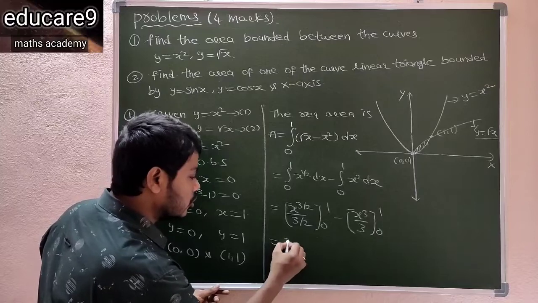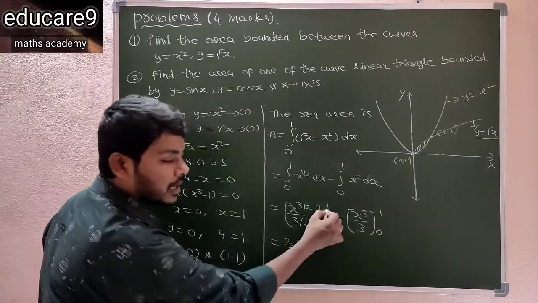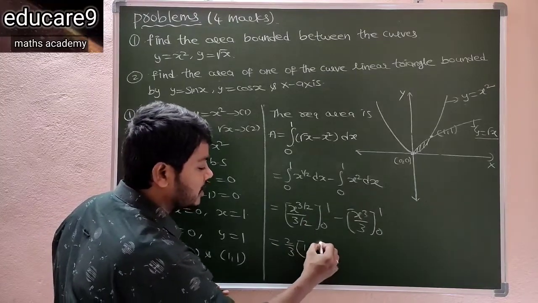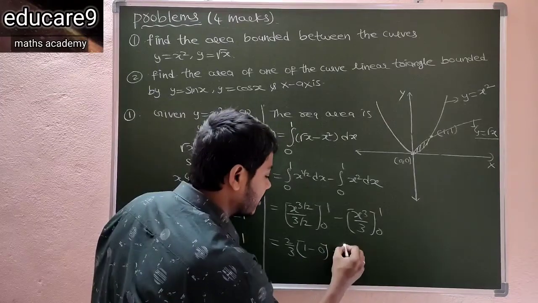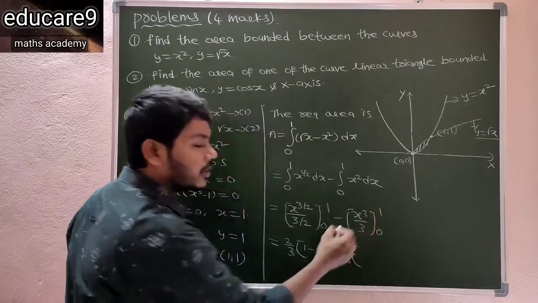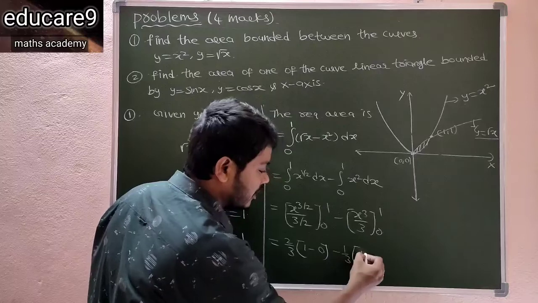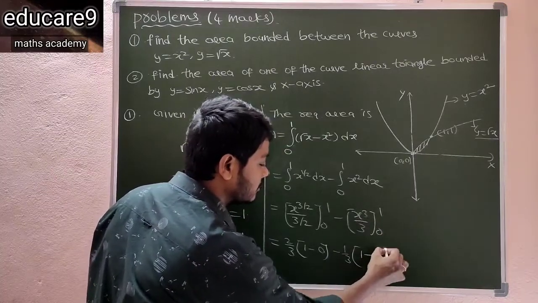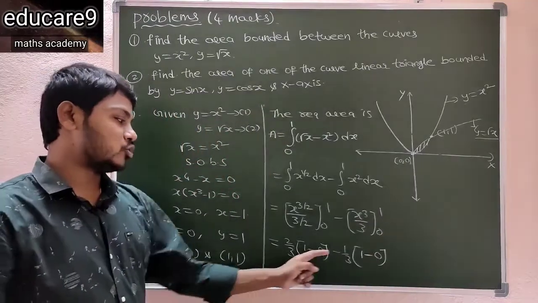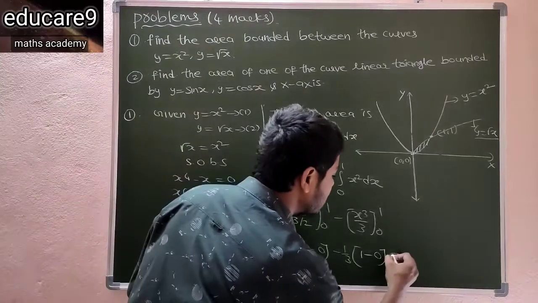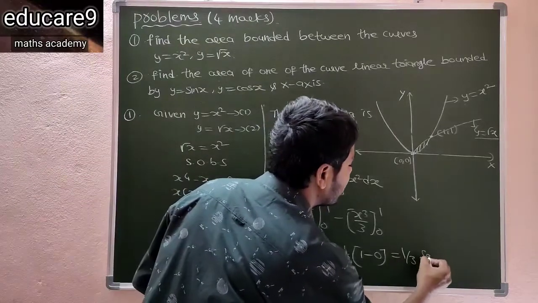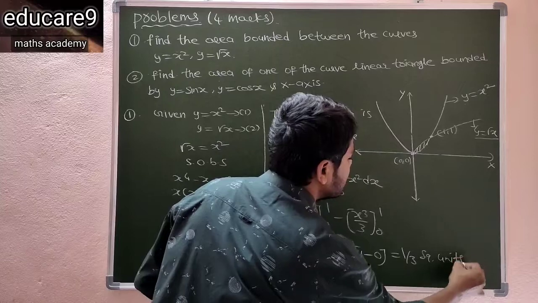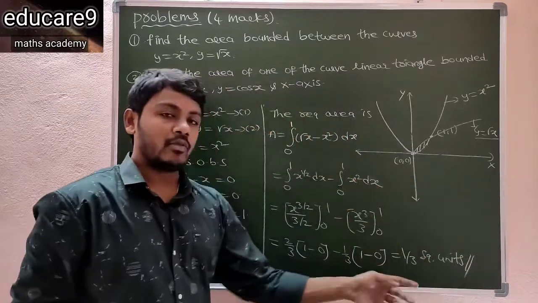Now this is 2 by 3 into, apply the upper limit first, 1 minus the lower limit 0. And here 1 by 3 into, substitute x is equal to 1, the upper limit, that is 1, minus x is equal to 0, which is 0. So clearly this is 2 by 3 minus 1 by 3, so 1 by 3 square units. So this is the required area.